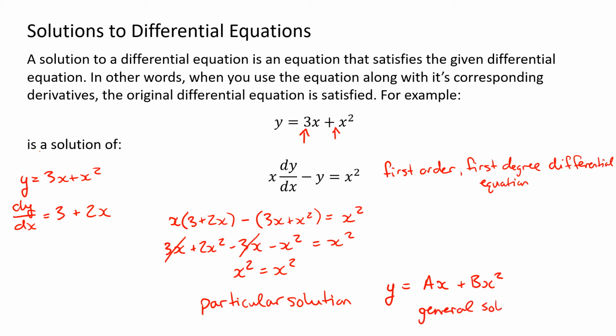We'll get into what that is in our next slide, but it's general because we don't know what those constants are. a and b could be any number, but in this case, this specific equation would always satisfy a differential equation. So that's why it's known as general. With a particular solution, it's specific to those particular constants satisfying it.